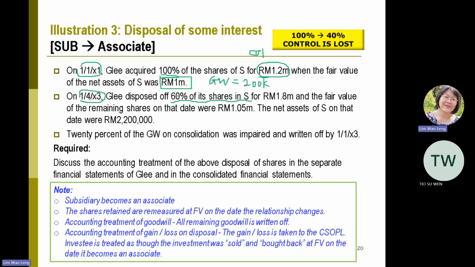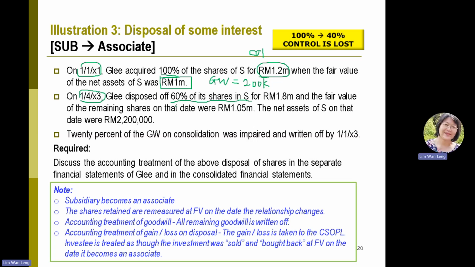Only when it is less than that does it make a difference. I think you can see that in your tutorial question later. So in this case, you dispose of 60% of its shares in S. So it's the same as minus 60. So you get 40.